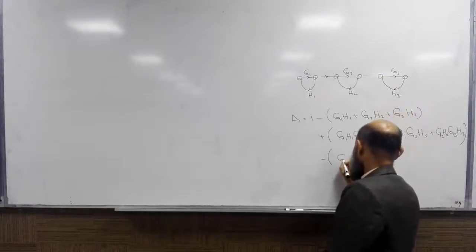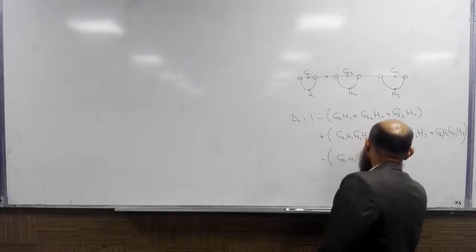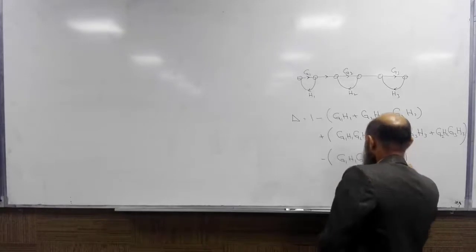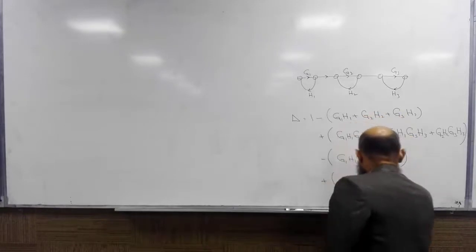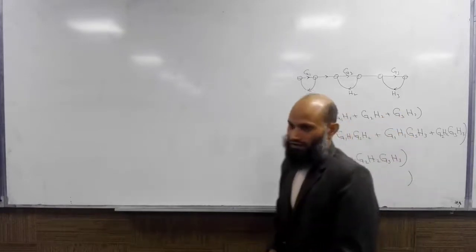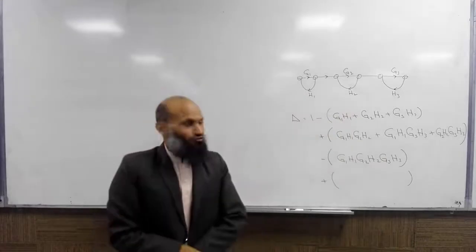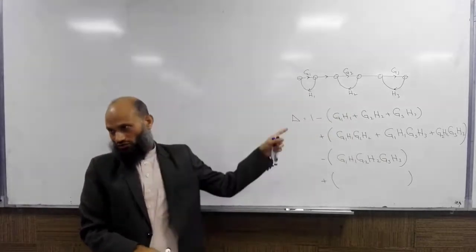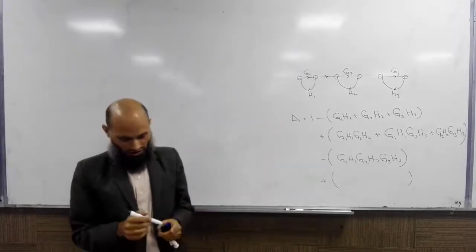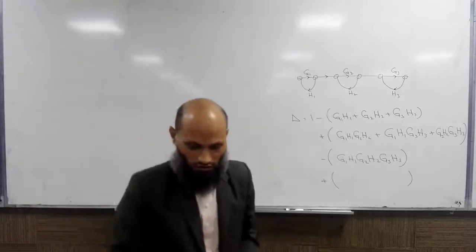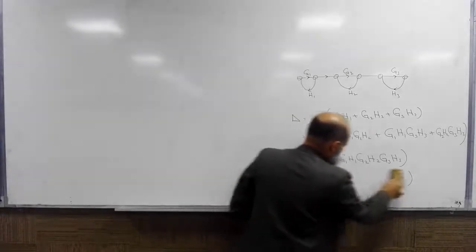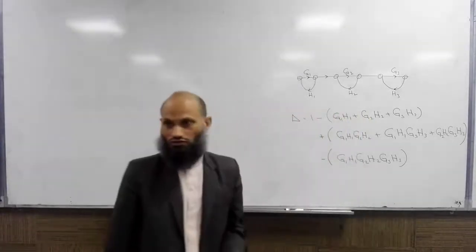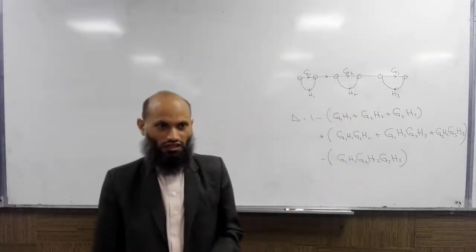So gain products G1, H1, G2, H2, G3, H3, and plus gain product of 4 non-touching loops, all combinations of 4 non-touching loops. So there is no combination of 4 non-touching loops, so this term is not here. Clear? Any other question?